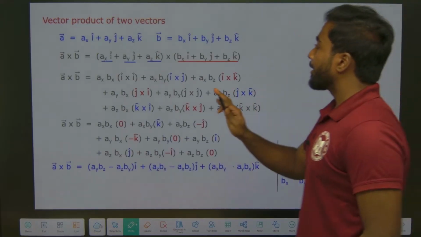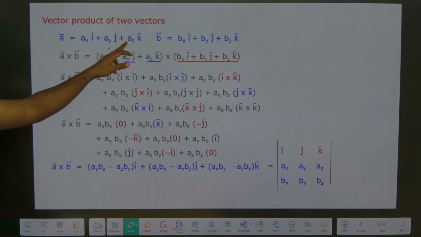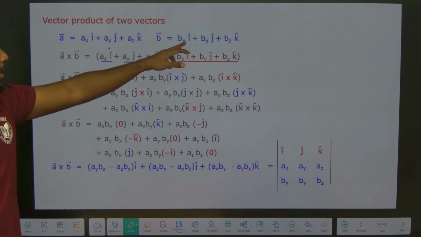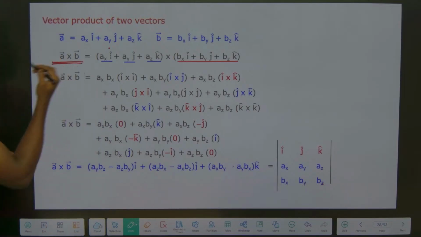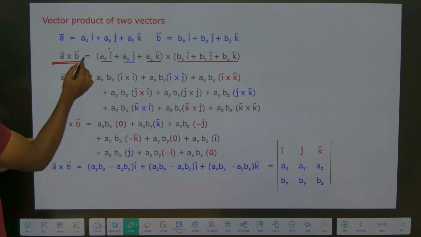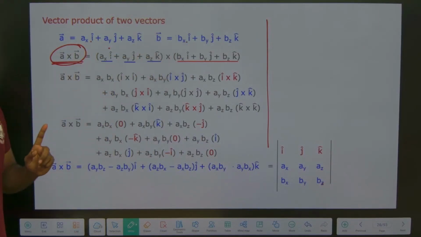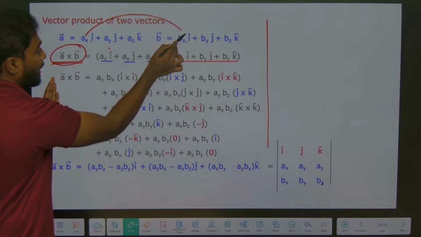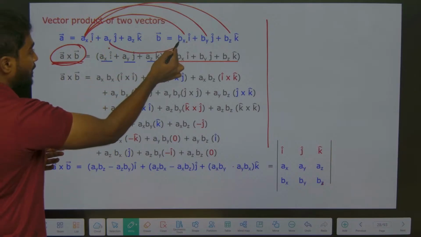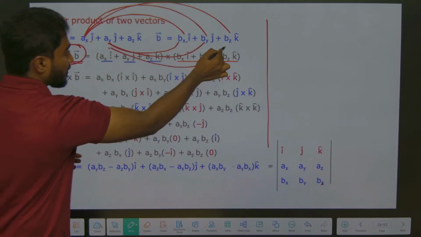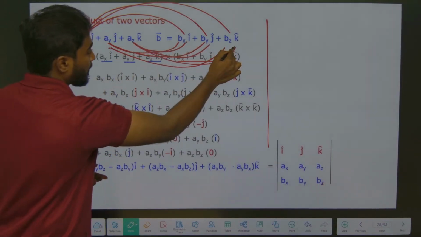Here the vectors are given: A is equal to Ax I cap plus Ay j cap plus Az k cap, and B is equal to Bx I cap plus By j cap plus Bz k cap. When I do the cross product of them, I need to multiply I cross j, I cross k, j cross I, j cross j, j cross k, k cross I, k cross j, k cross k.